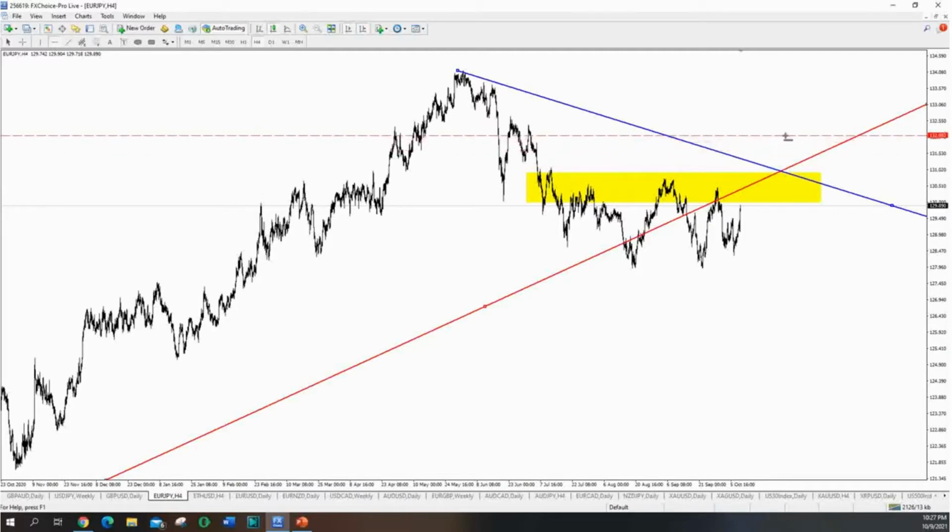I'll put it on top of this one here. And then if the market decides to break, you're gonna hit stop loss, and you have to understand that it's part of the job to lose money sometimes. But I think this will be a good place to sell. Okay, that is the best way to draw your trend lines.